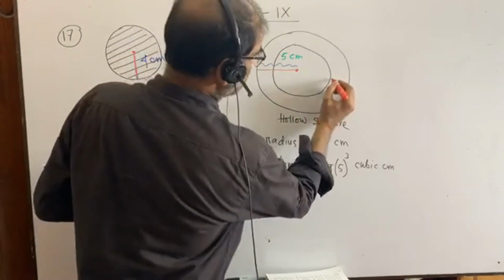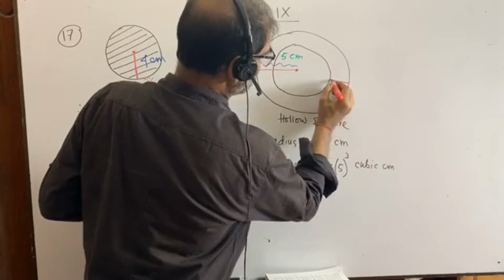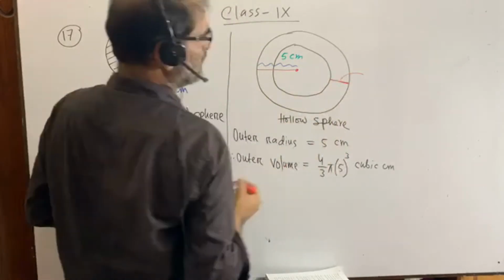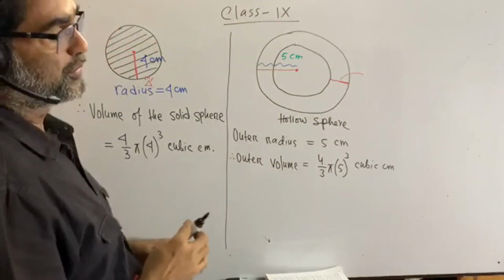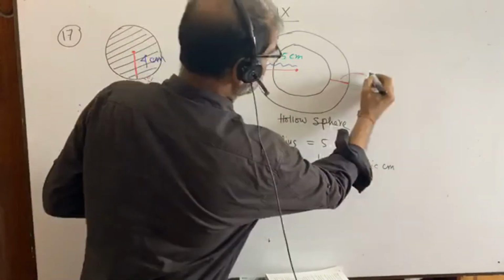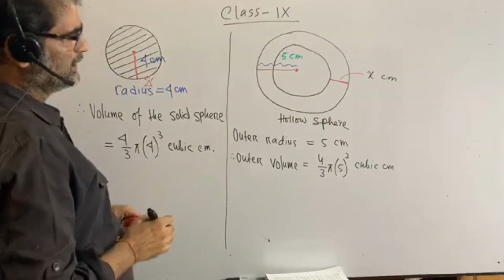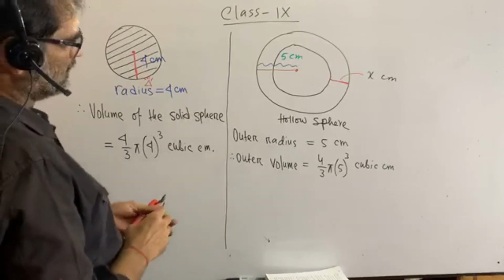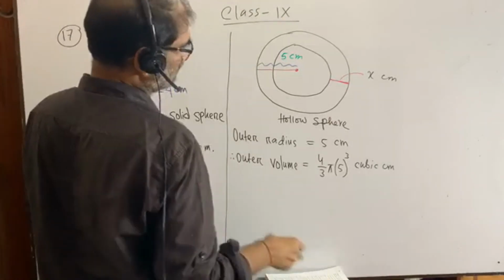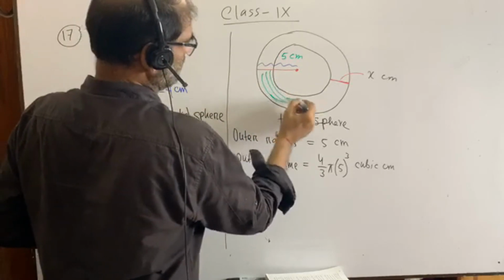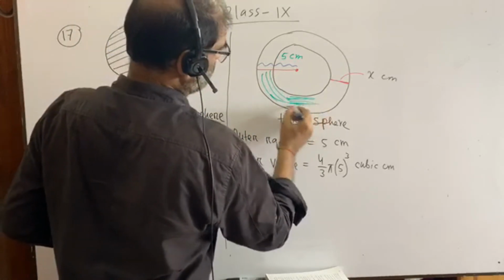So suppose it is the thickness. Let the thickness of the hollow sphere be x centimeter. Here the thickness means, please try to understand, this part is iron.